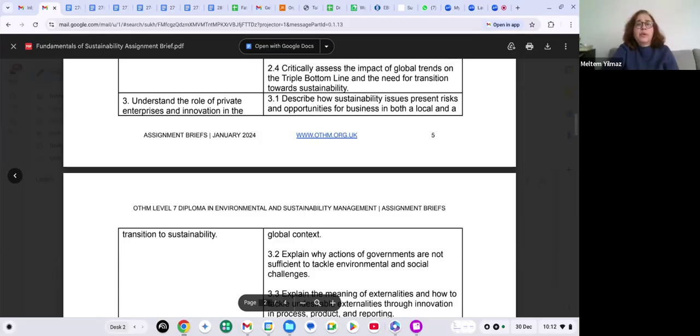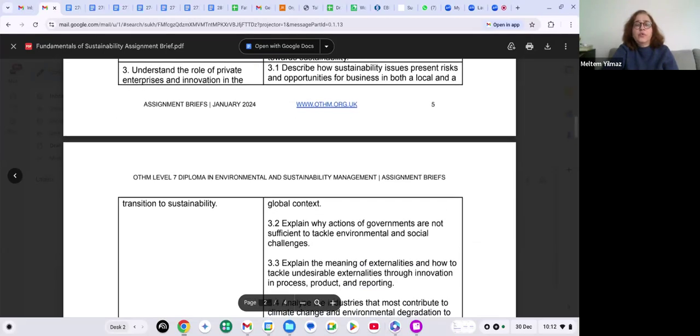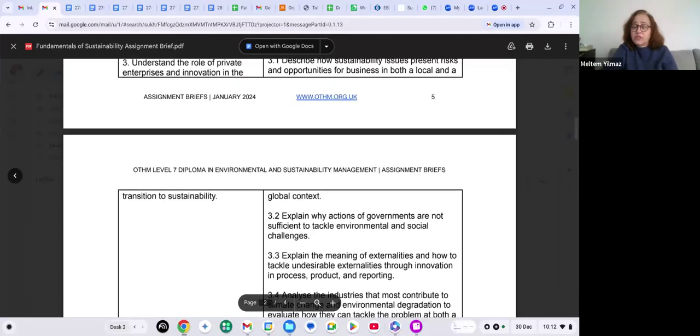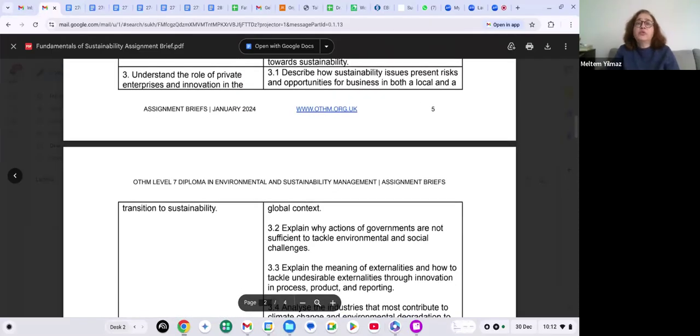There were 5 sub-priorities. Let's remember: the description of how sustainability issues present risks and opportunities for businesses in both local and global contexts. Then the explanation of why the actions of governments are not sufficient to tackle environmental and social challenges.